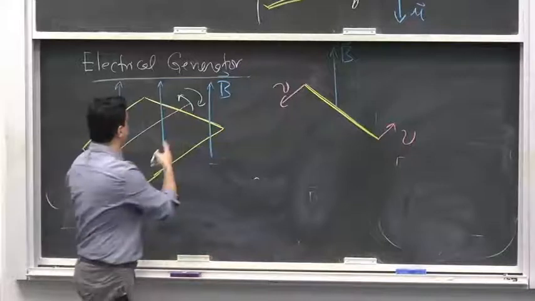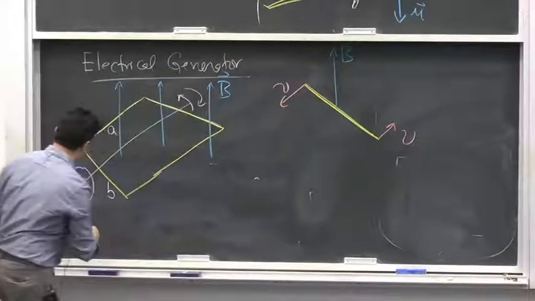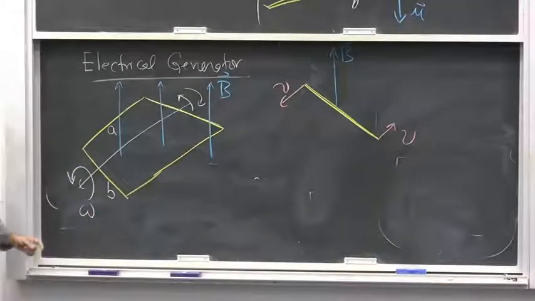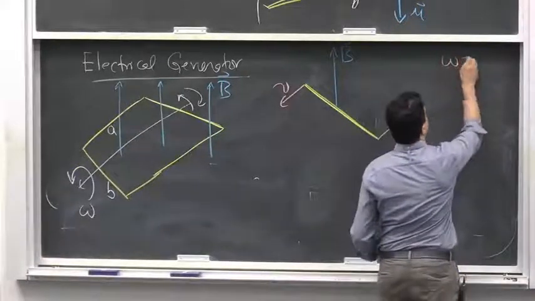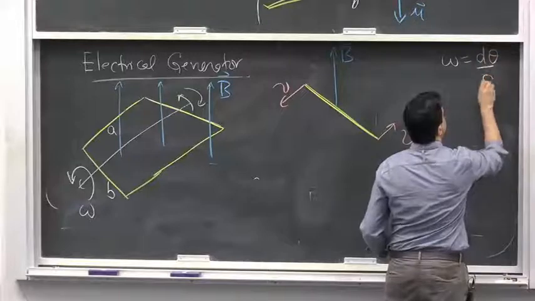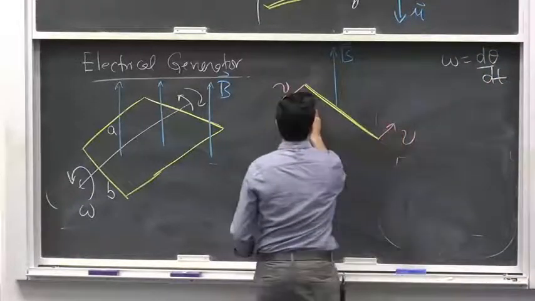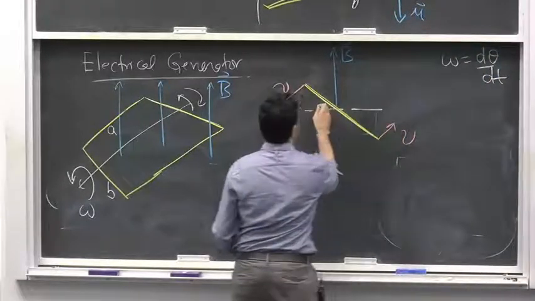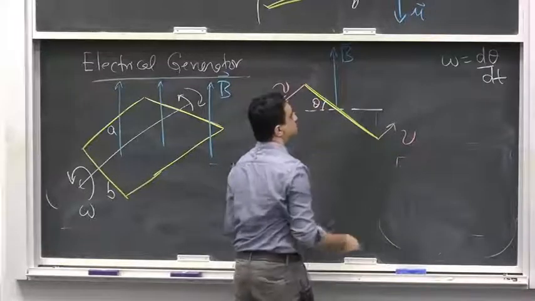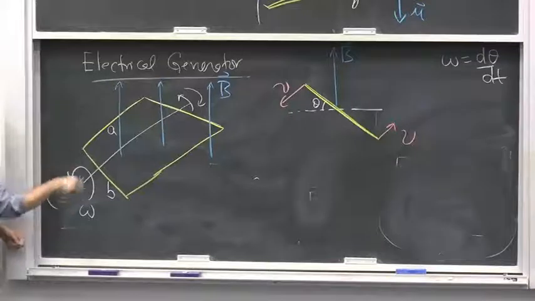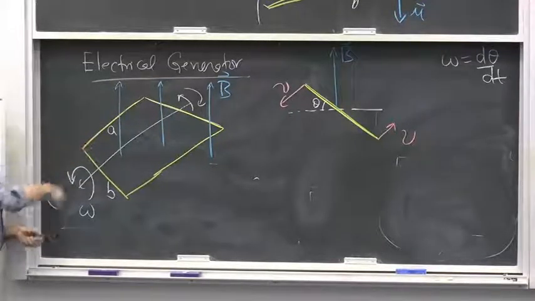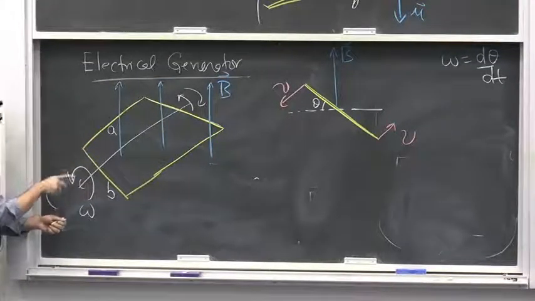Let's say you are rotating it with a certain omega, where omega is the angular velocity, and omega equals d theta by dt, where d theta is this angle. If you are giving it a certain circular motion, then you are changing this theta while rotating the whole coil.